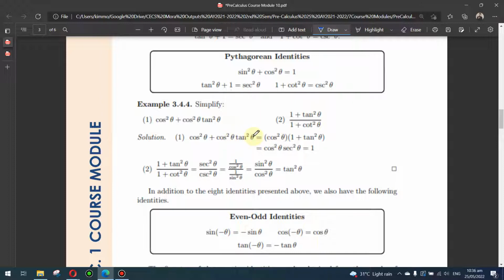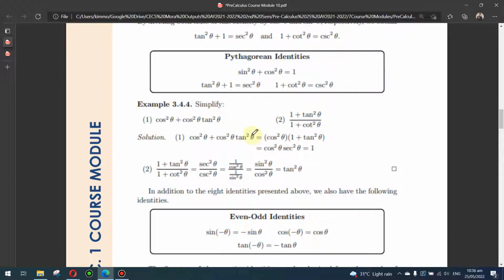So what do we do first? Since cosine squared is common to our two terms, appearing in our first term and in our second term, the first thing we do is factor out cosine squared theta. We divide each term by cosine squared theta. That's how you factor out. So cosine squared theta divided by cosine squared theta leaves 1.